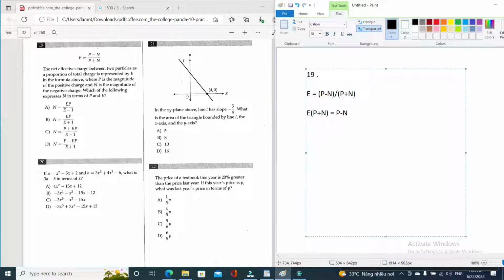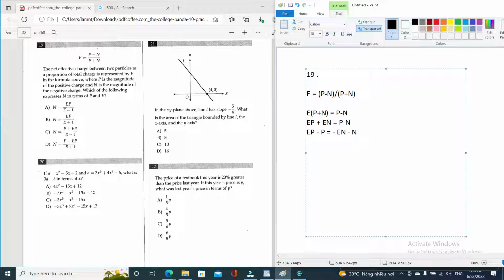So let's expand. EP plus En is P minus n, right? So in order to isolate n, we're going to put everything with n on one side and everything not with n on the other side. So EP minus P equal to minus En minus n.